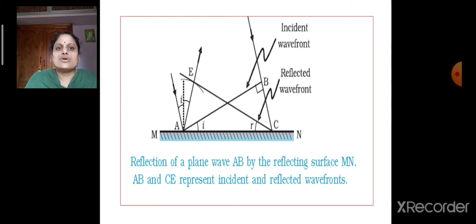According to the laws of reflection, we have to prove that I is equivalent to R and the incident ray, reflected ray and normal lie in the same plane.